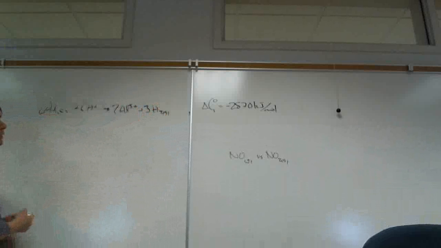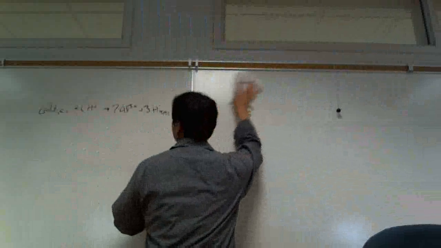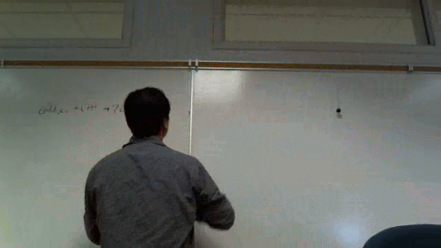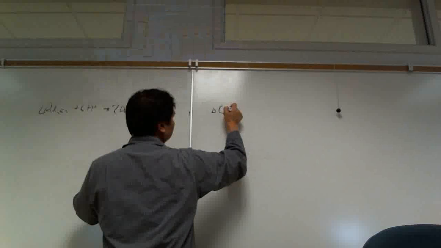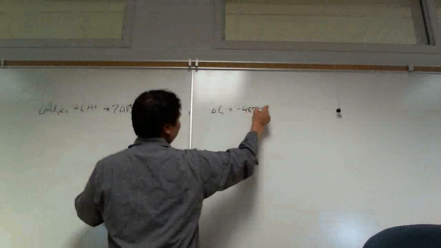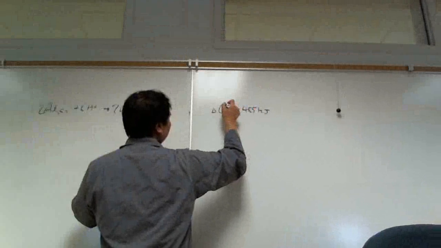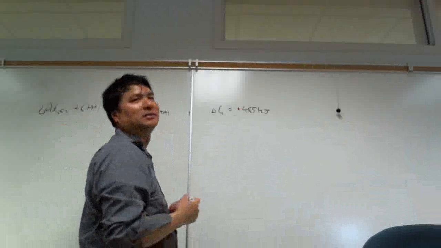So you should know, this is a spontaneous reaction. Delta G is 485 kilojoules. Negative 485 kilojoules? Just positive. Delta G is positive 485 kilojoules? Is that a mistake?